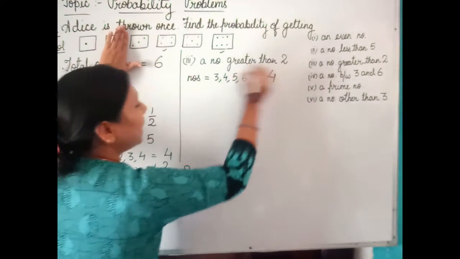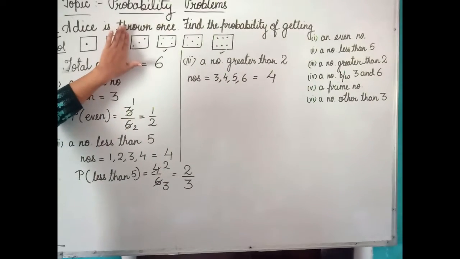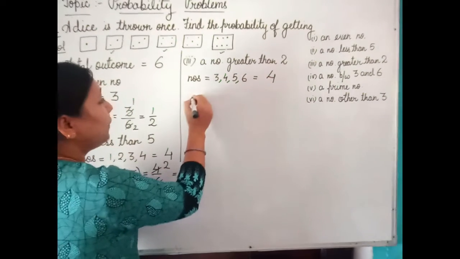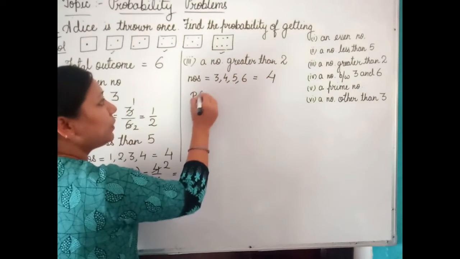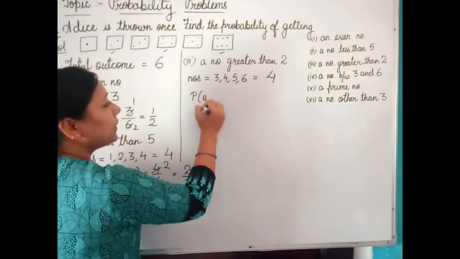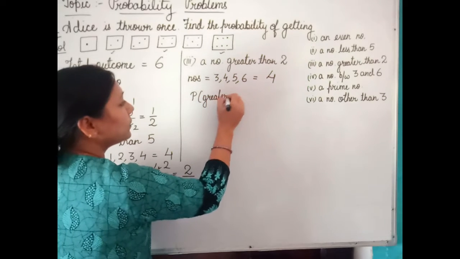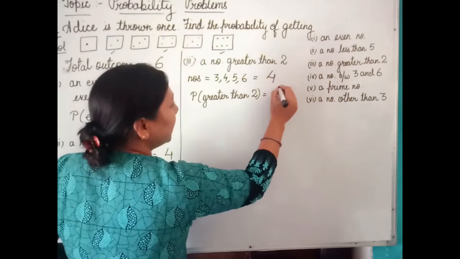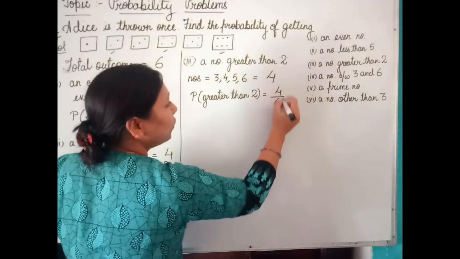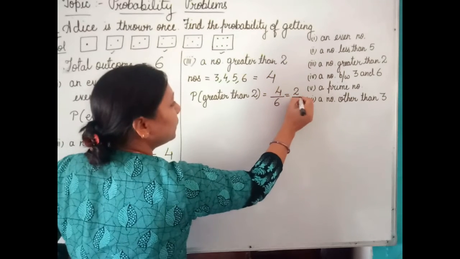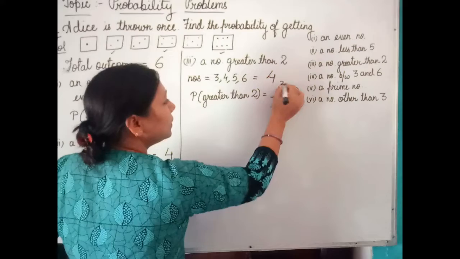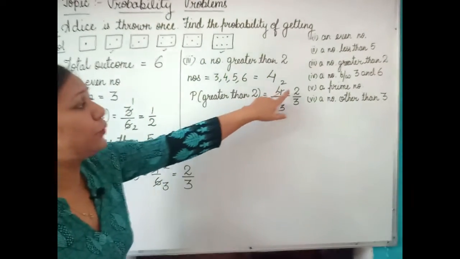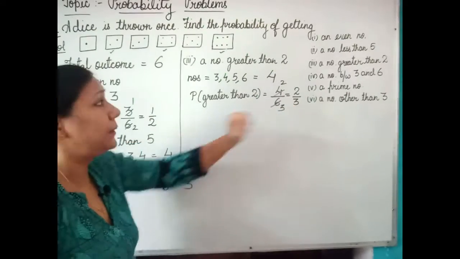So how many numbers do we have? 4 favorable outcomes. So the number of favorable outcomes is 4. Let us find the probability of a number greater than 2. That is favorable outcomes 4 upon total outcomes 6. Simplifying it, you will get 2 upon 3. So the probability of getting a number greater than 2 is again 2 upon 3.